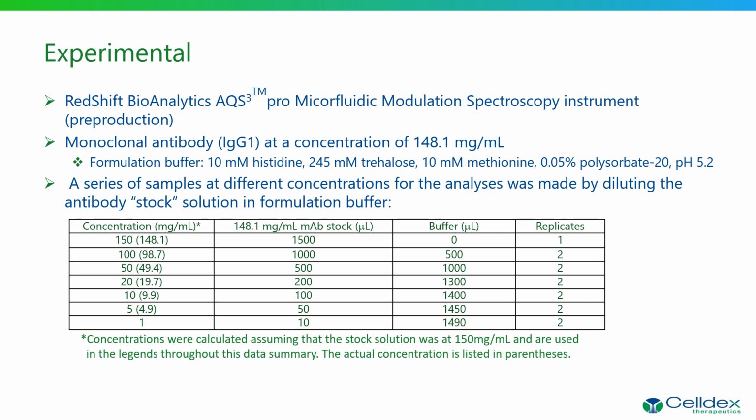Our antibody was formulated at about 150 milligrams per milliliter, actually at 148.1 mg per ml, in the formulation buffer shown. The formulation buffer composition becomes important a little later in the presentation. A dilution series was created down to 1 mg per ml using the formulation buffer as shown in the table.